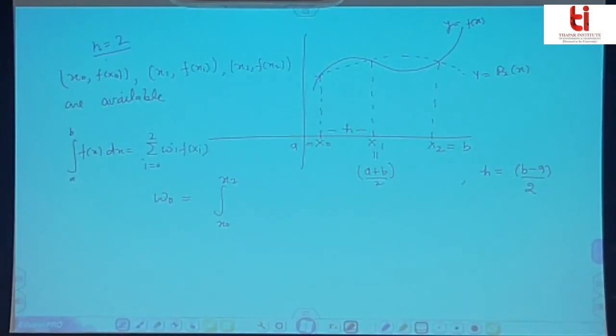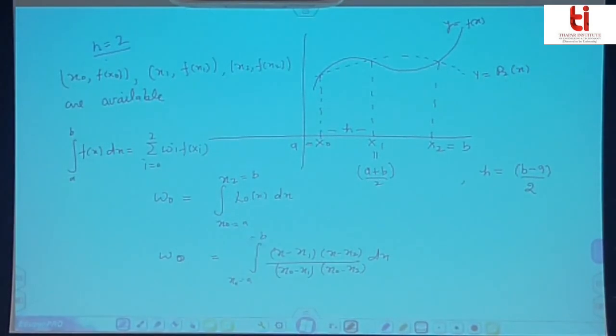So w0 is the integral of L0(x) dx, where x0 is a and x2 is b. The data points x0, x1, x2 are available, so the polynomial L0(x) will be a second degree polynomial, (x minus x1)(x minus x2) over (x0 minus x1)(x0 minus x2), integrated dx from a to b, or x0 to x2, whichever you want to take.